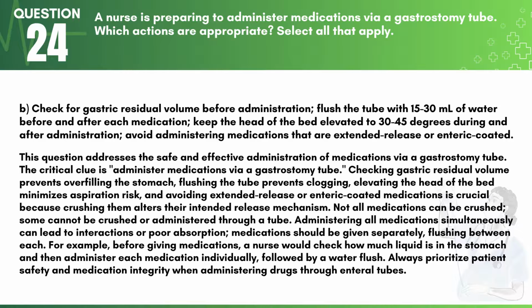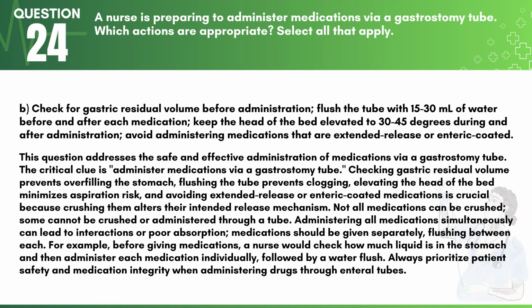The critical clue is administer medications via a gastrostomy tube. Checking gastric residual volume prevents overfilling the stomach, flushing the tube prevents clogging, elevating the head of the bed minimizes aspiration risk, and avoiding extended release or enteric coated medications is crucial because crushing them alters their intended release mechanism.